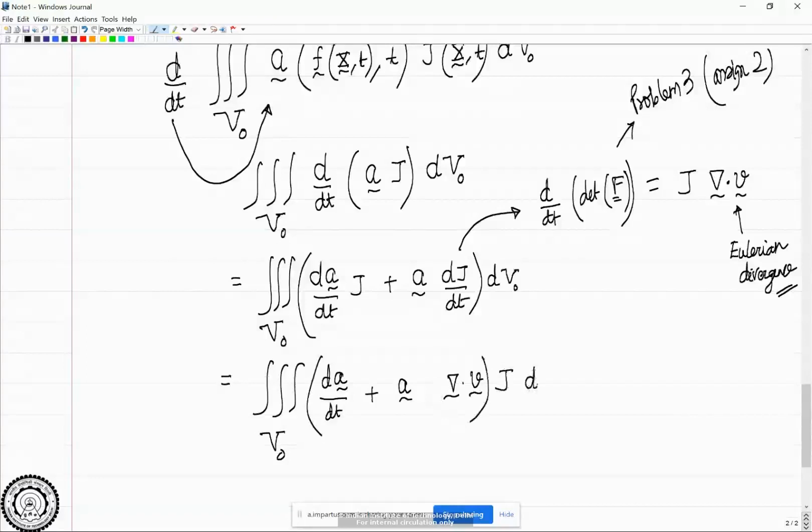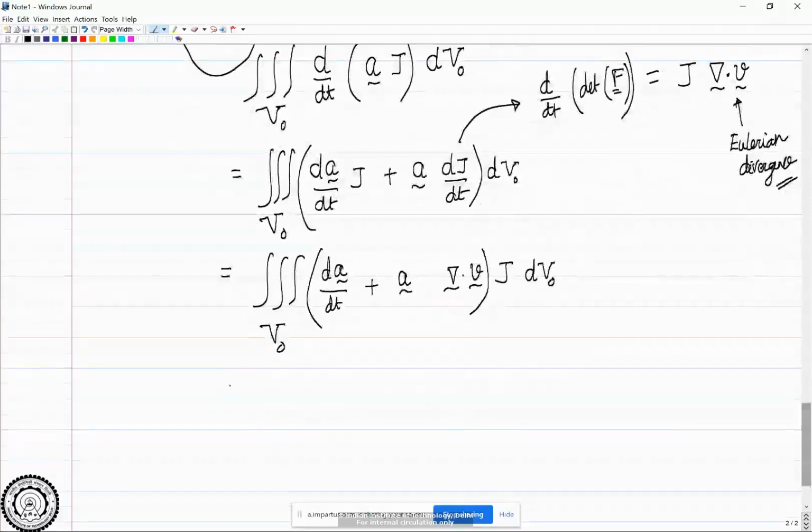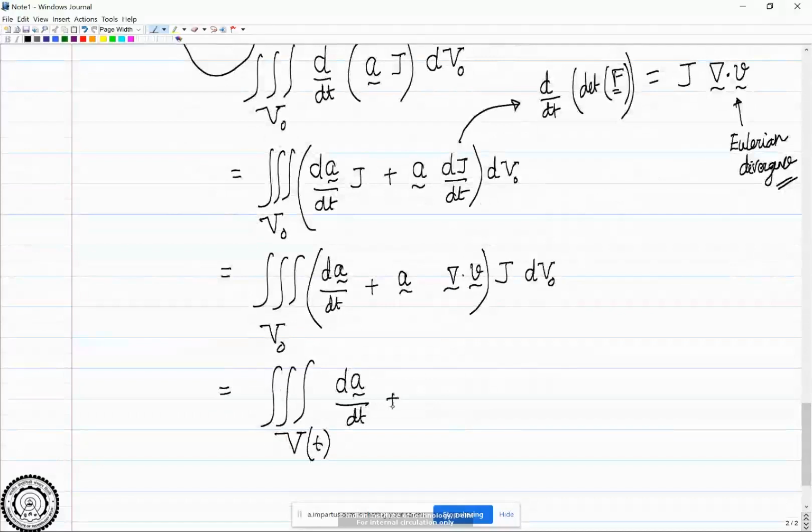Into J into dV naught. And now you see this finally also becomes, you can convert it back to the Eulerian domain. Isn't it?